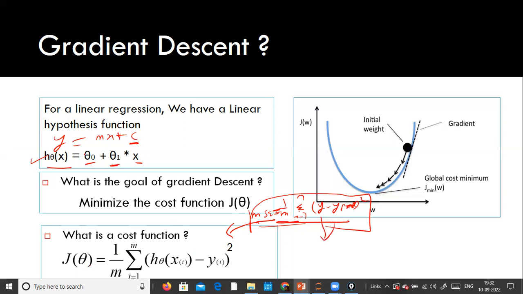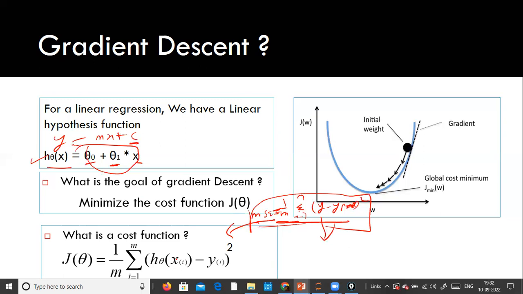So the right side of the thing is nothing but h of x. If I say h of x is the predicted value, it will be slightly confusing, but don't get confused. This notation is used by most machine learning practitioners. That's why I want you to be familiar with it, and hence I use this notation.